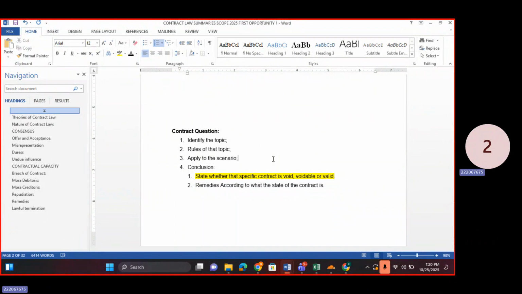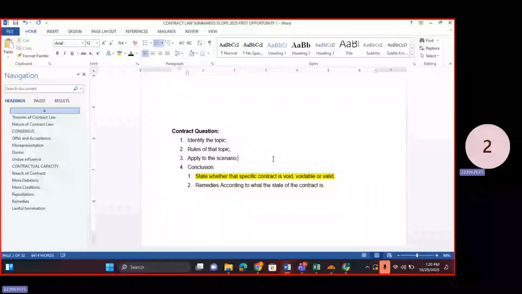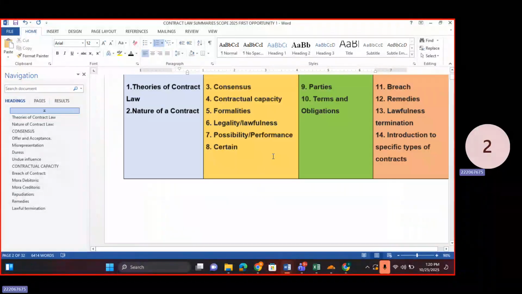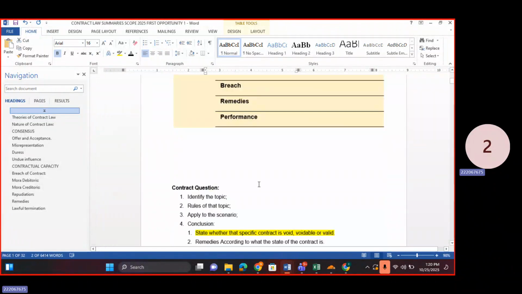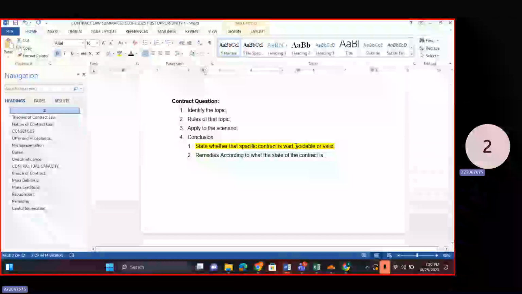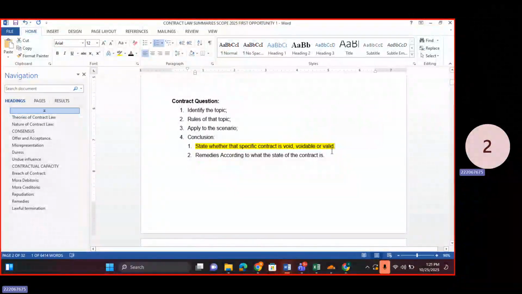The question is, based on what you understand about contractual capacity, is this contract void, voidable, or valid? Because you are only able to get certain remedies from the certain state of the contract.